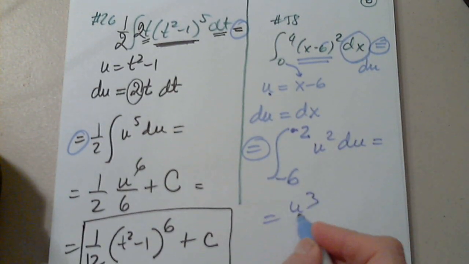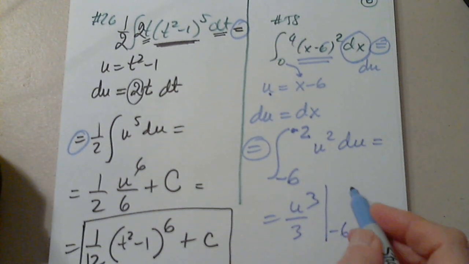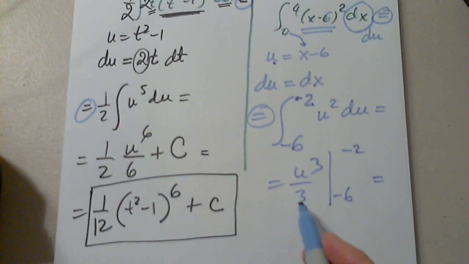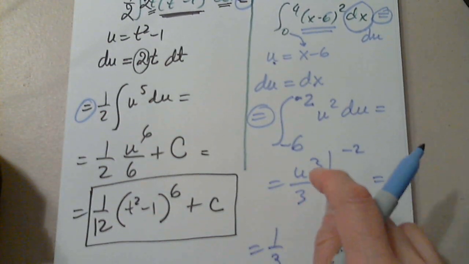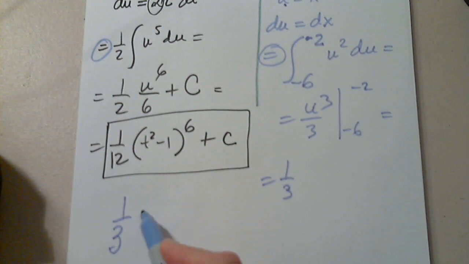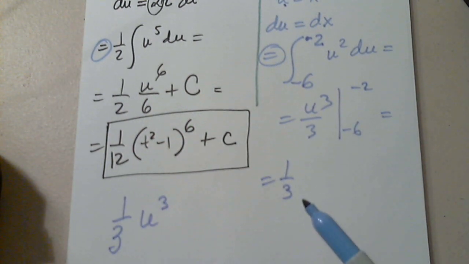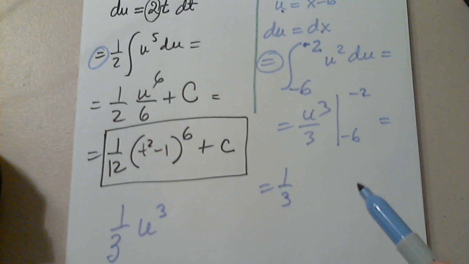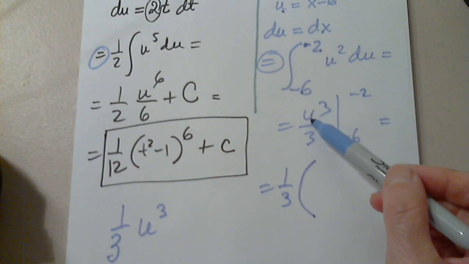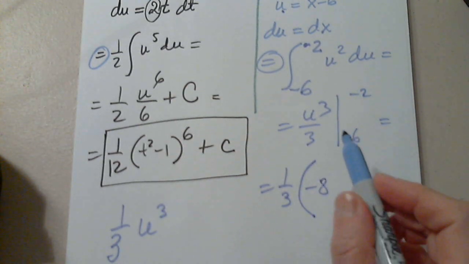So this is u to the 3rd over 3. We do not go back. There is no need to go back. We have new limits of integration. Please keep 1/3 outside. Remember how to read this. It's 1/3 u cubed. That will simplify the numbers and the calculations a lot. Plug in -2. -2 to the third is -8.